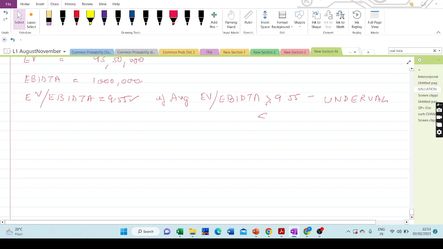And if the average EV by EBITDA of the industry is less than 9.55, then this particular stock is overvalued.